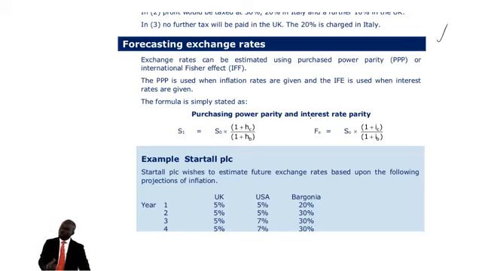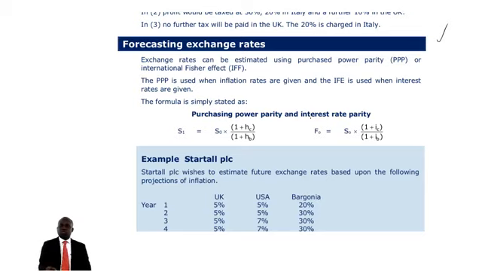So when you go to the exam room, the examiner reserves the right not to give you the forecast exchange rate. It is your responsibility to calculate it. So the moment you need an exchange rate, you go to the question and ask, where is the exchange rate? The question says, I haven't given you one for the number of years concerned, therefore I'm expecting you to calculate it. Okay, how do you want me to calculate it?